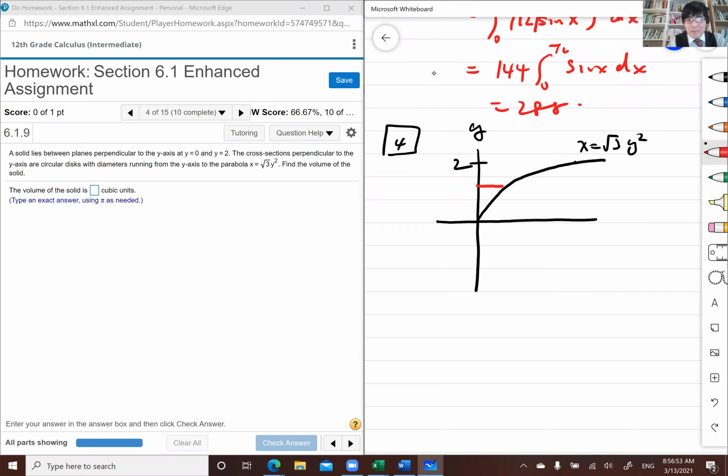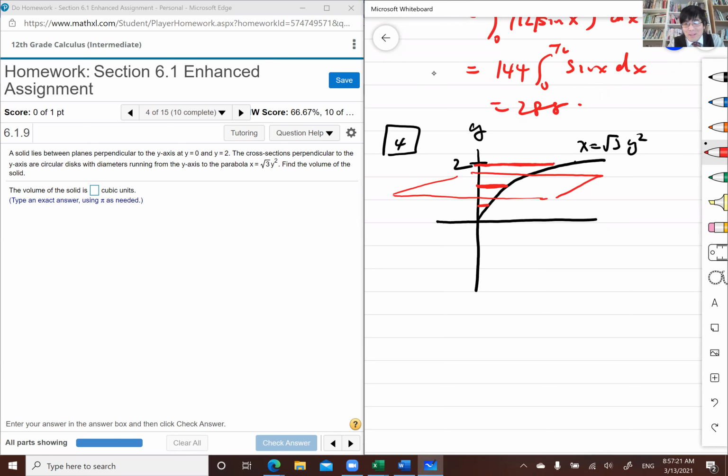So perpendicular to the y-axis. We are really looking at the three-dimensional space, and you are looking at the plane at some y. It's going to be a circular disk with this as the diameter.